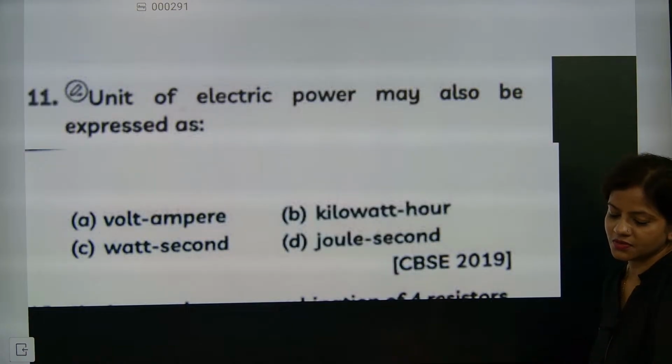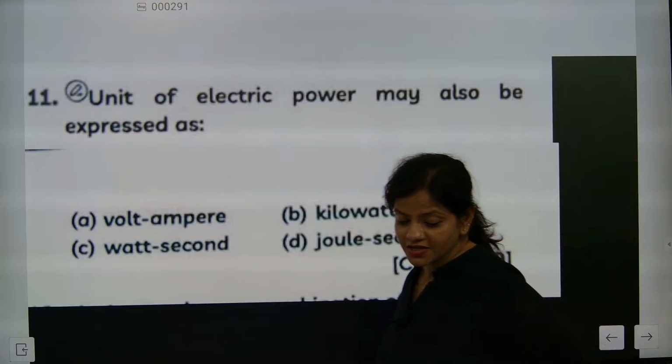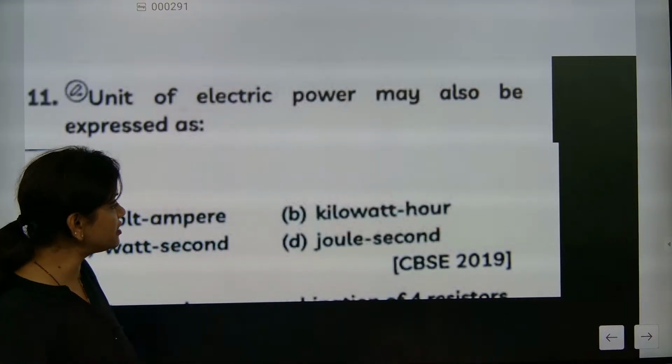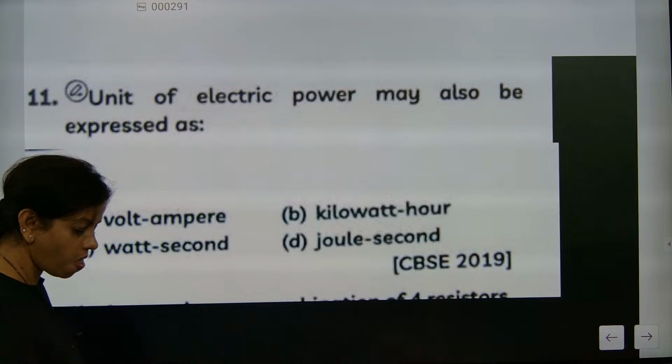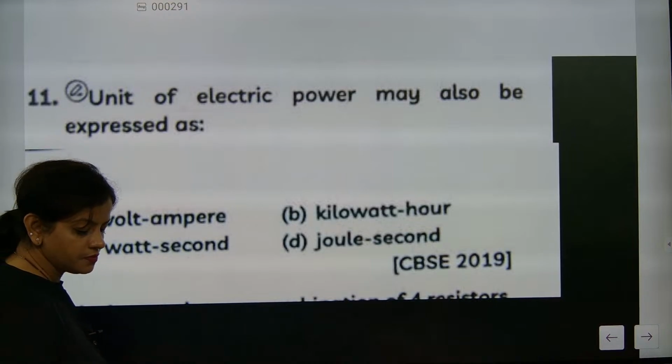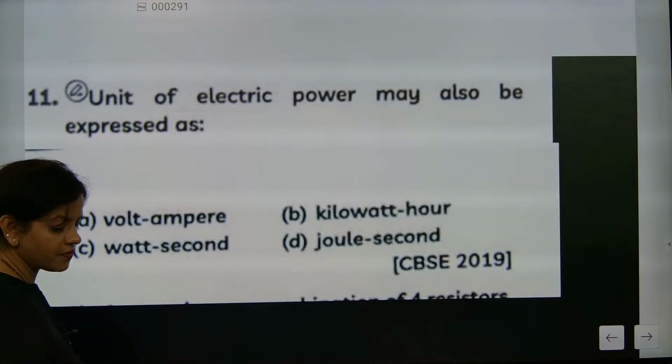Unit of electric power may also be expressed as joule per second. Here it is written as joule second. Come on, solve and say.